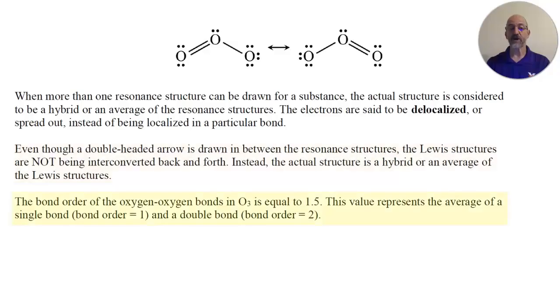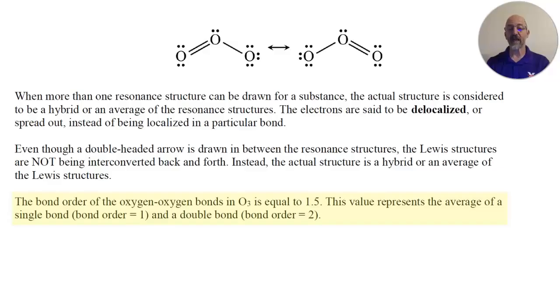You'll notice that a bond order of 1 is a single bond, and a bond order of 2 is a double bond. But in ozone, the bond order of the oxygen-oxygen bonds is not 1, it's not 2, it's actually 1.5. And so the 1.5 represents an average of a single bond and a double bond.